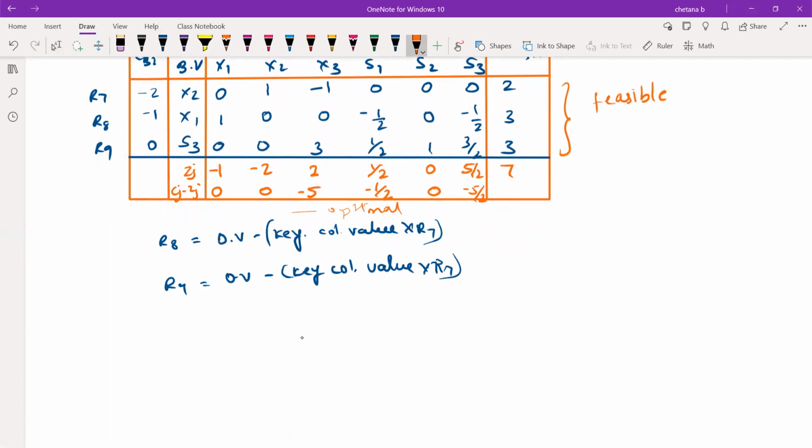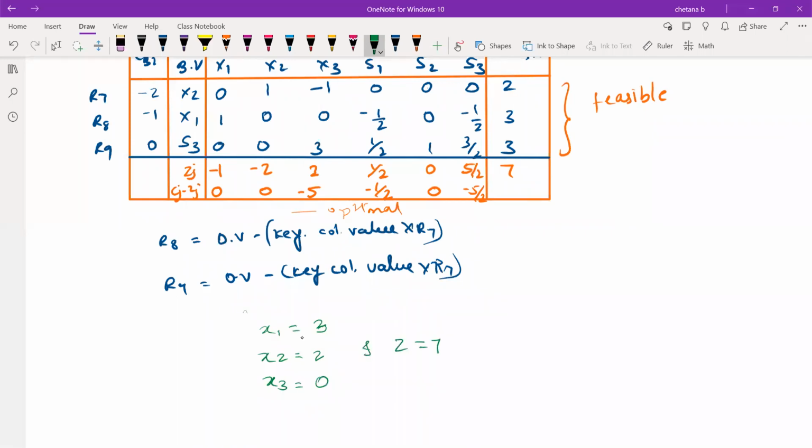Now you need to stop in this iteration and finally write the conclusion or the result part, that is x1, x2, x3. So x1 is 3, x2 is 2, x3 is 0, and z value is 7.